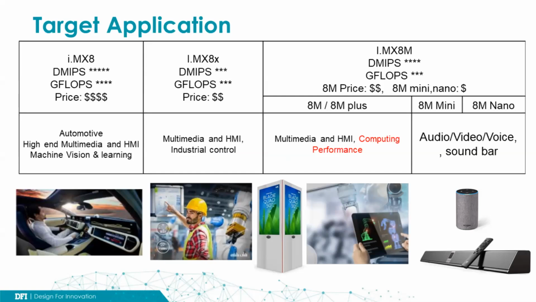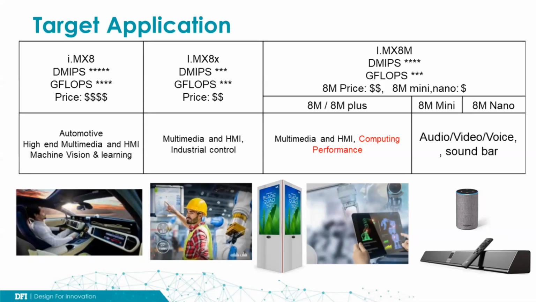The second one you will see is the GFLOPS number, which means the graphic performance. On different segments, they will choose higher or lower graphic power for the software. The third one you need to consider is the price. From the i.MX8 to the lower-range i.MX8M Mini, you can see quite a long range of price segments.